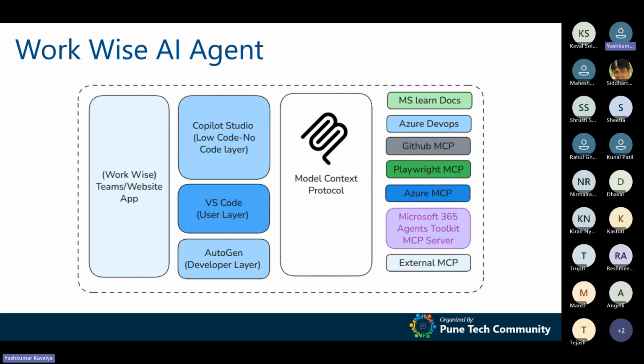Okay, also we need to think about which layer we are working in. If I take one example of how you can leverage MCP to do your office work, which layer are you in? Say I want to create a website called Workwise AI agent.